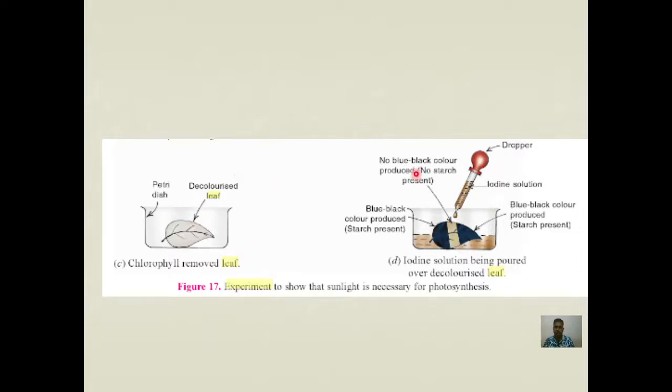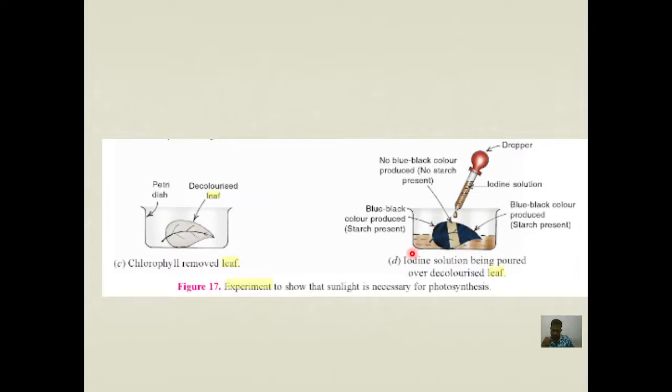So when you are adding iodine solution using a dropper, the area wherever the sunlight has not fallen on the leaf will not undergo any photosynthesis process. That means the area where the sunlight has fallen would have undergone the photosynthesis process and prepared the starch.